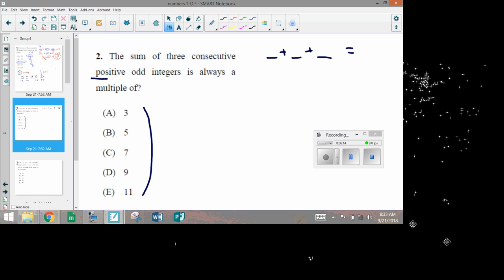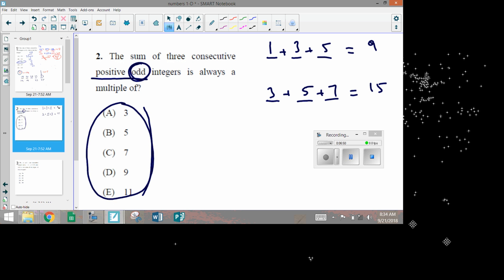Okay, positive and odd. 1, 3, 5, the sum is 9. Let's make one more case: 3, 5, 7. The result is 15. So we got 2 examples. Which number divides both of them at the same time? 3. Are you all agree?